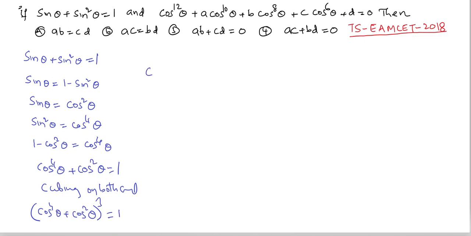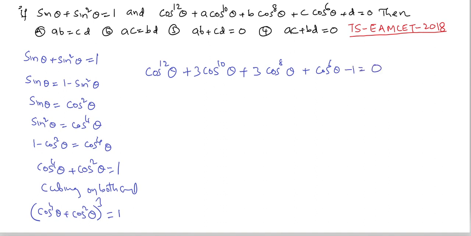That is a cube, cos power 4 theta whole cube, that is cos power 12 theta, plus 3a square b, that means 3 cos power 10 theta, plus 3ab square, 3 cos power 8 theta, plus b cube, that is cos square theta whole cube, that is cos power 6 theta, minus 1 is equal to 0.